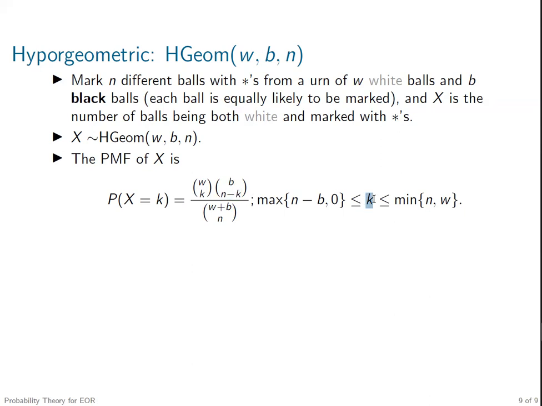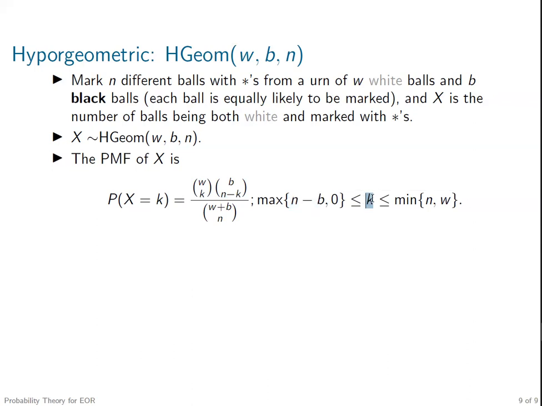And K here has to be within this range because, well, it at least needs to be larger than 0, which is for sure true. And this case is because suppose N is larger than B, right? Then at least you need to draw N minus B white balls.